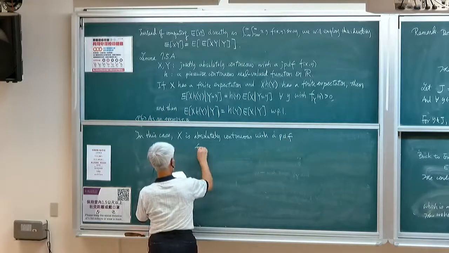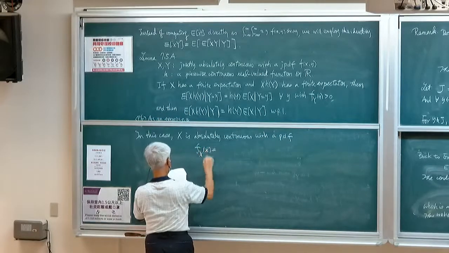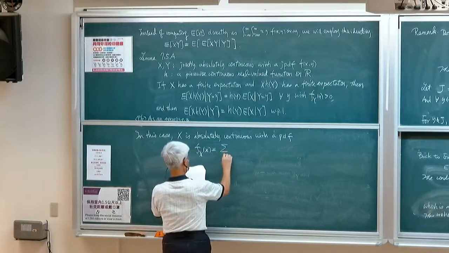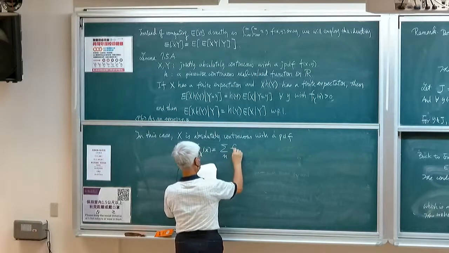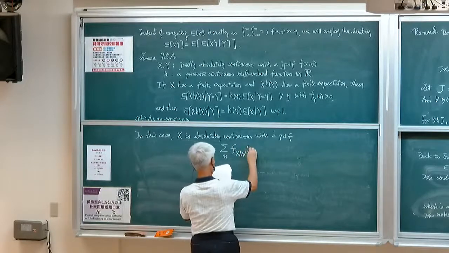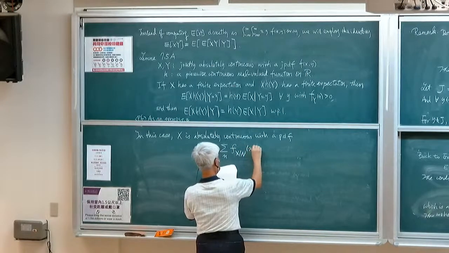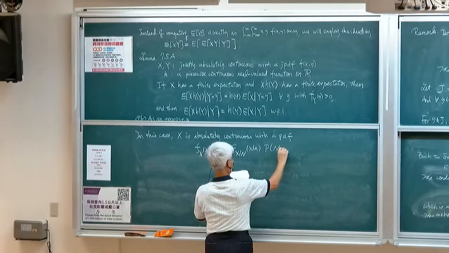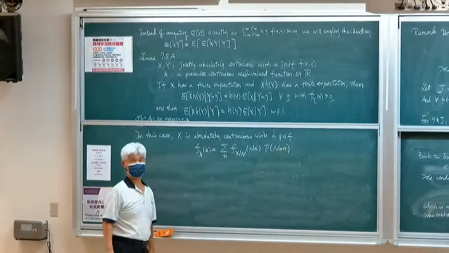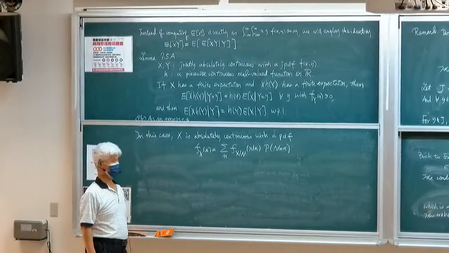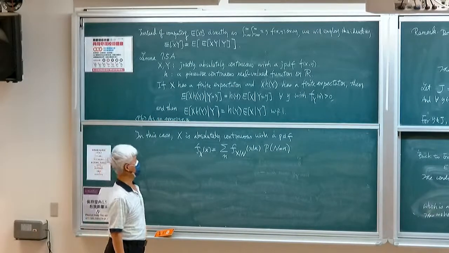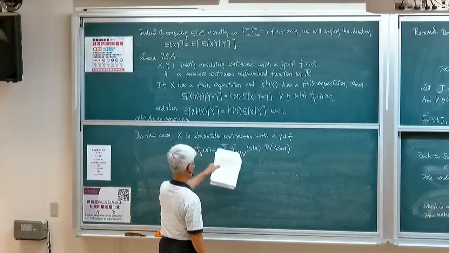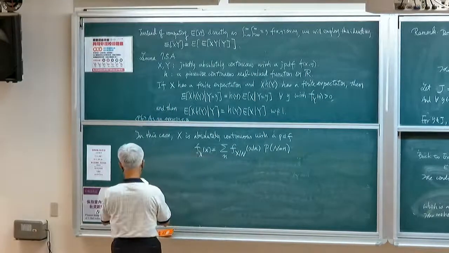So we can compute a PDF for random variable X. That would be a weighted sum of the conditional PDF of random variable X given that random variable N equals little n.